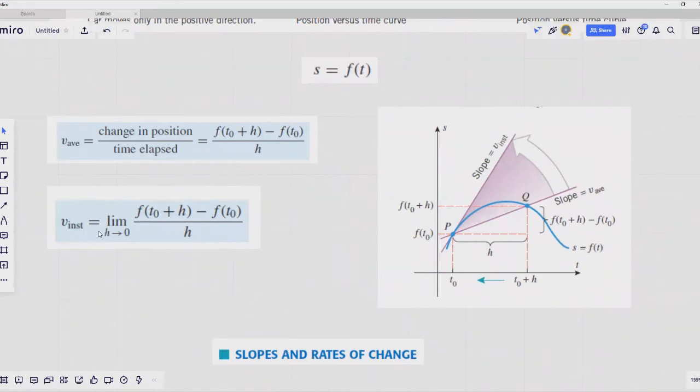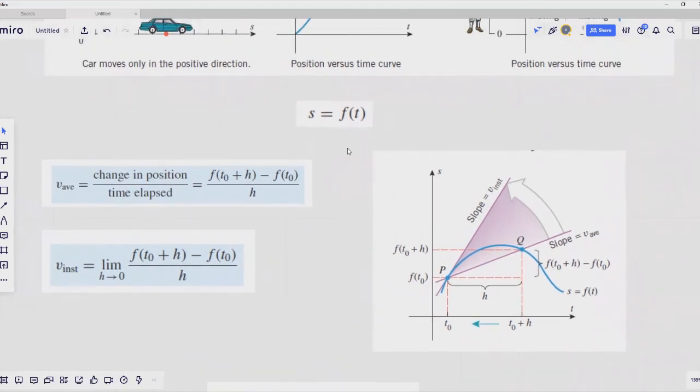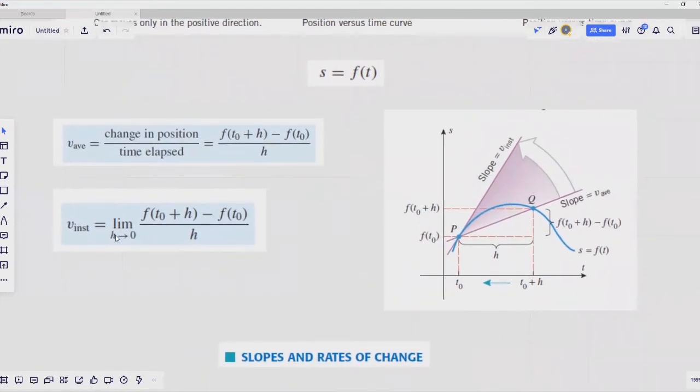Instantaneous velocity is defined as the slope of our position versus time curve, that is, the slope of the tangent line at point t0, given by the limit as h approaches 0 of (f(t0 plus h) minus f(t0)) divided by h.